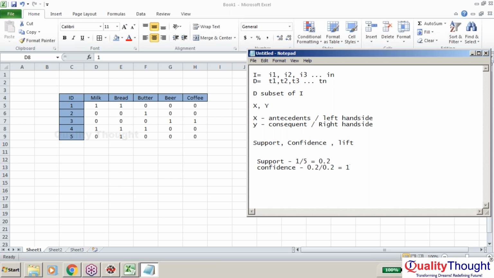This means that 100% of the transactions containing butter and bread, the rule is correct. Means 100% of the times a customer who is buying butter and bread is also buying milk for sure.